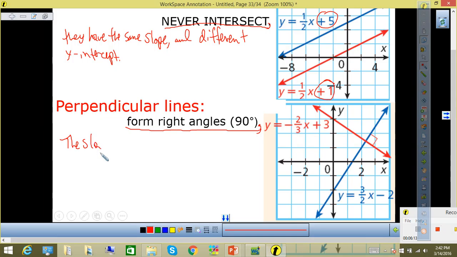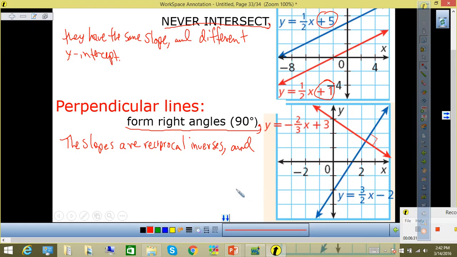The slopes are, what are they? Reciprocal inverses, comma, and okay, let's see. They form 90-degree angles, yes. The slopes are reciprocal inverses. The reciprocal of 2/3 is 3/2. The inverse of a negative is a positive. Okay, so far so good.